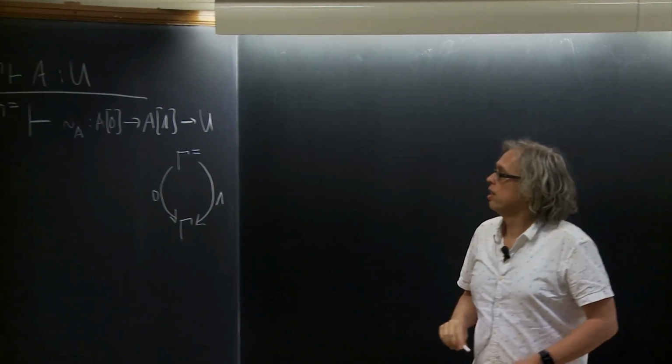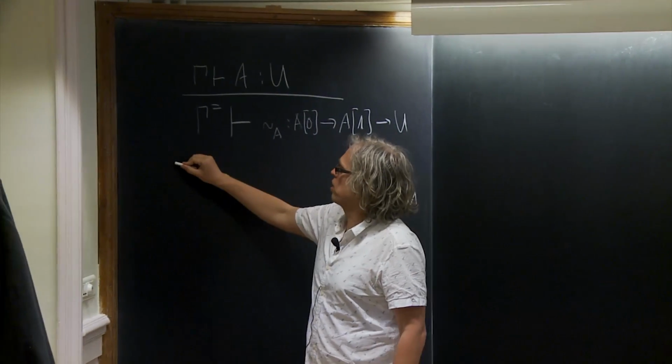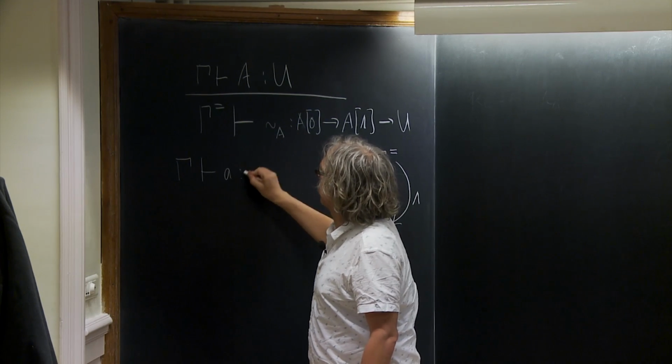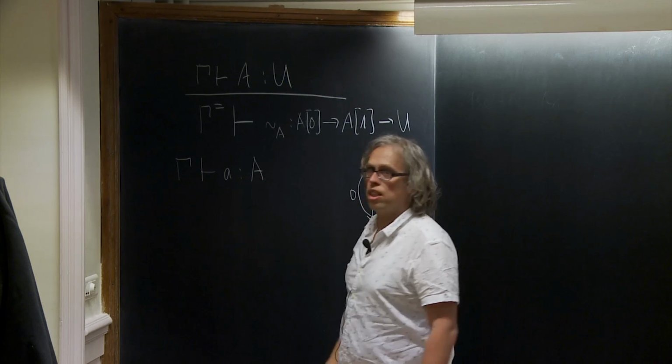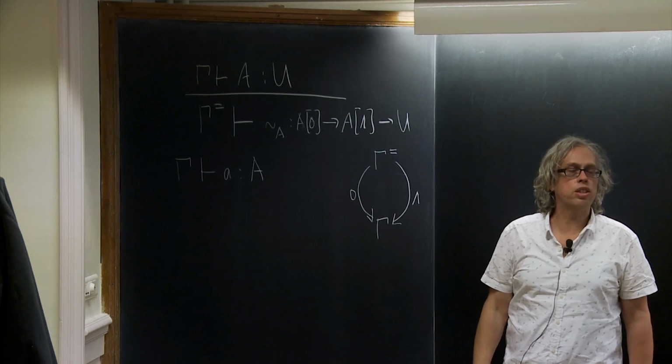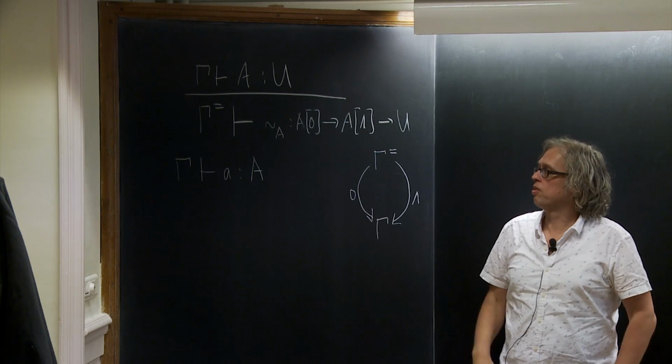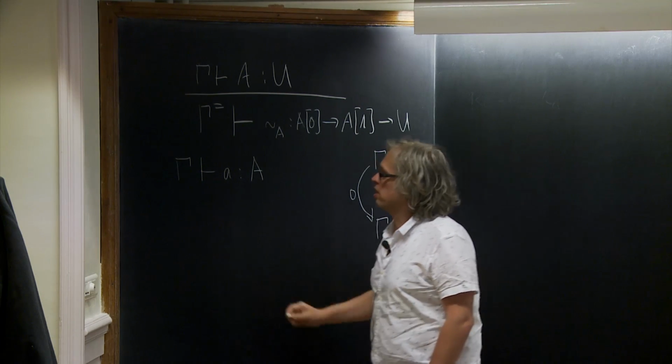And then another construction is if I have a term a of A, I want that a preserves equality. And since we are in a dependent type setting, we really have to be a bit clever how to state this.